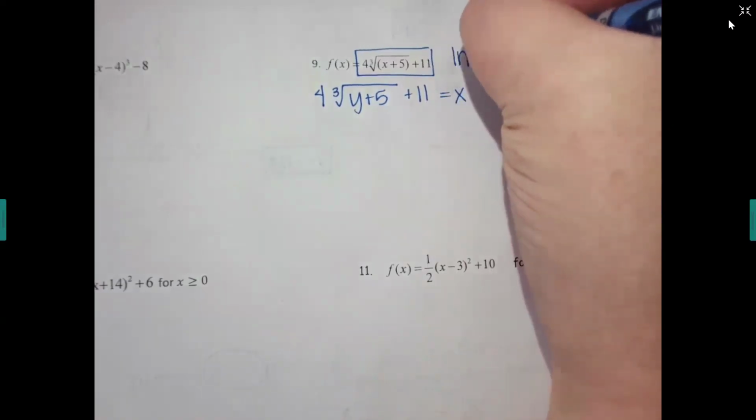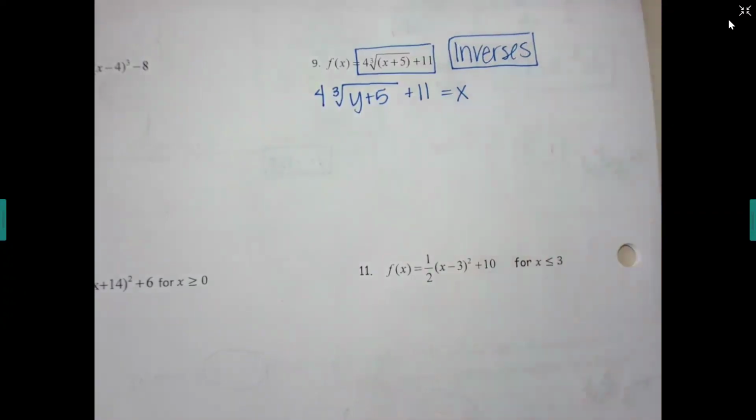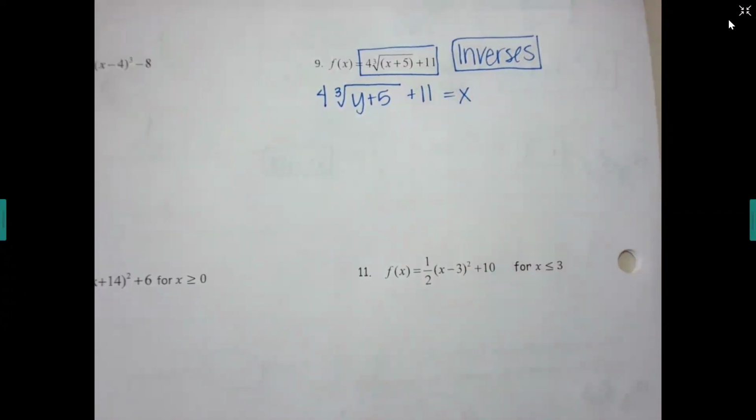This is inverses notes, where you swap the x and the y. It's from algebra 2. You did do this in algebra 2. I think you did easy ones in algebra 1 as well.